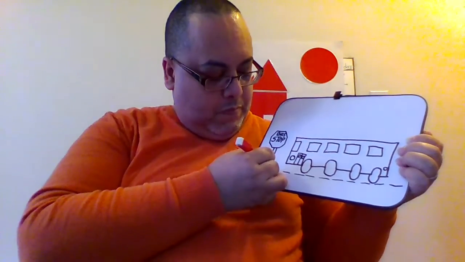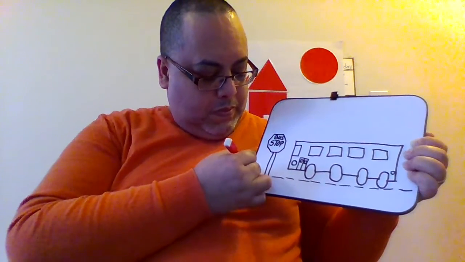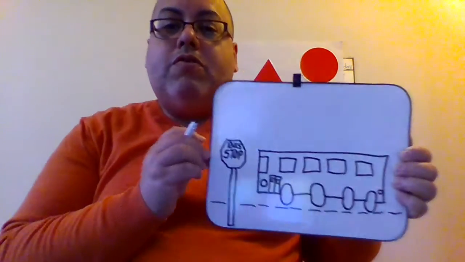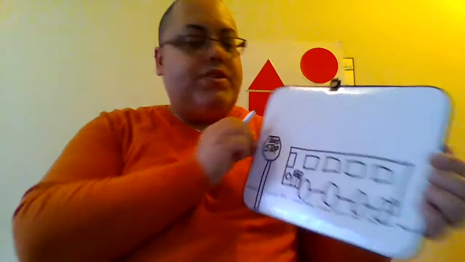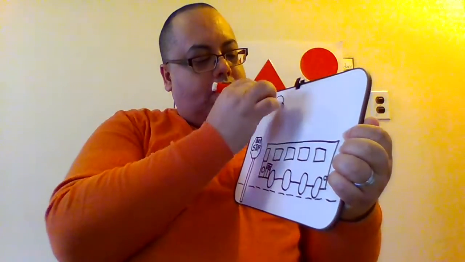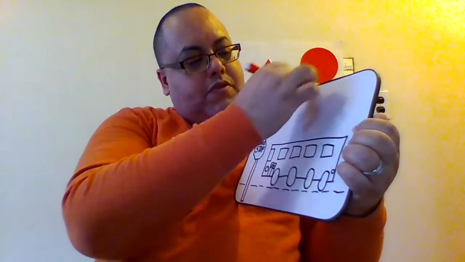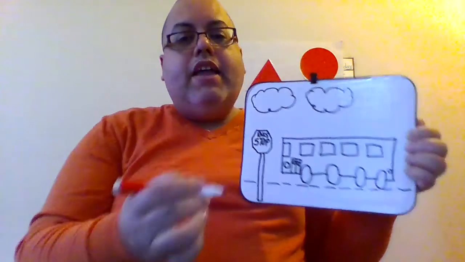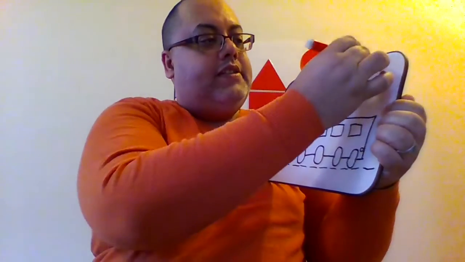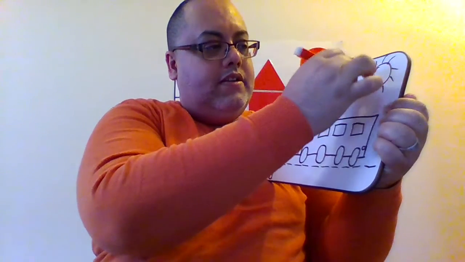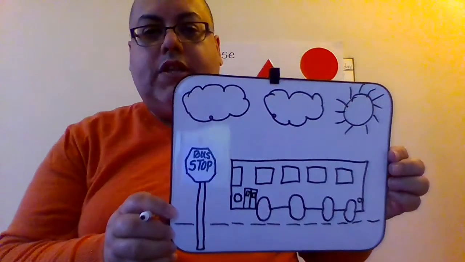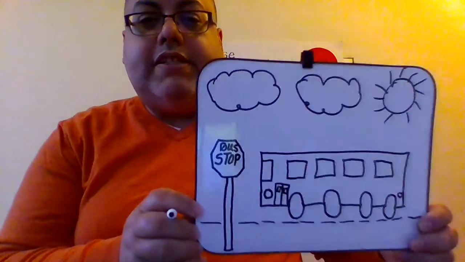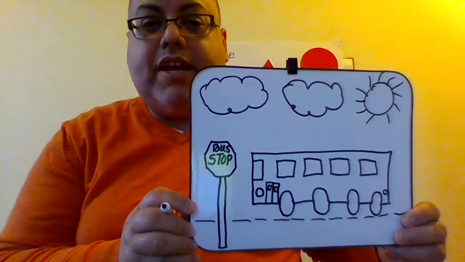Okay? I also think that because we're drawing a picture outside, we should put what? Clouds. And the circle will be the sun. But I'm going to put some rays on my sun. And if you are noticing, I have different shapes right now.